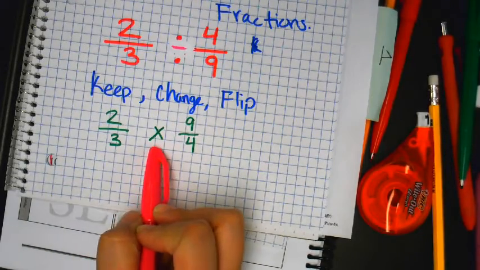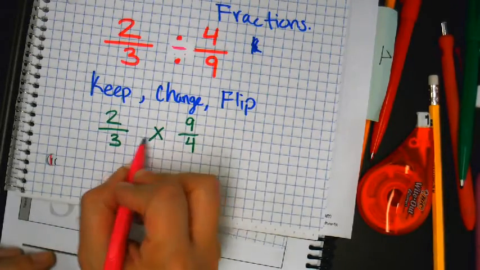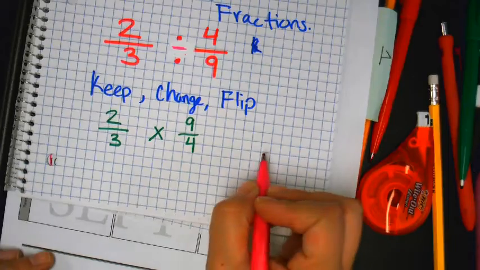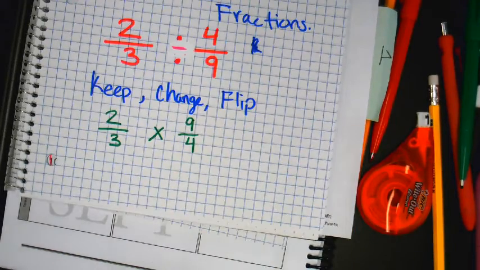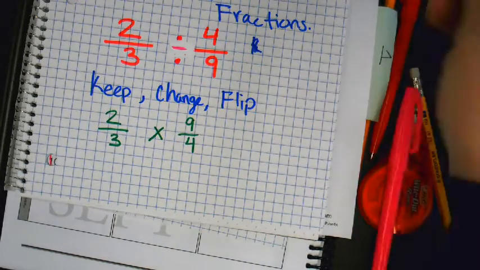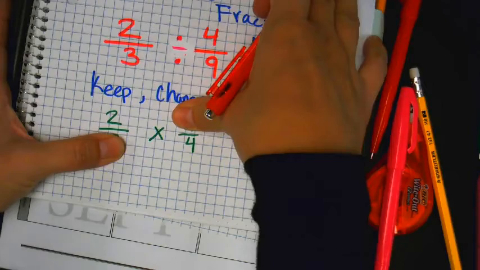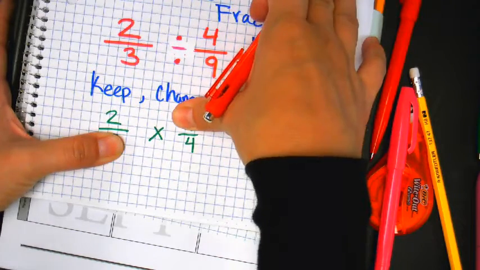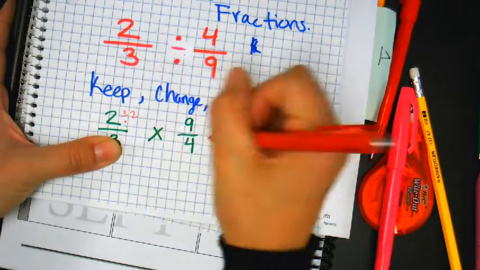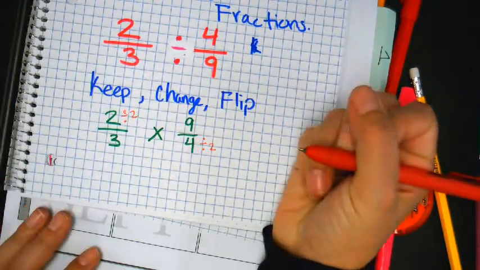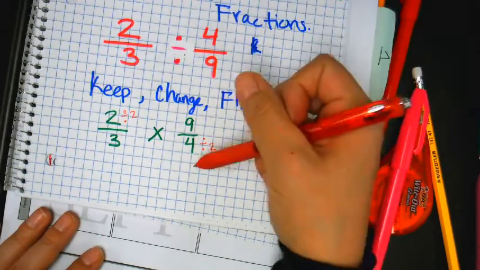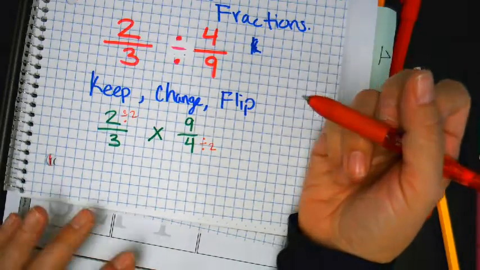Now we multiply. Now you could multiply straight across and then get an answer. But we don't do that. We simplify the corners first. So 2 and 4. You simplify once you're in the multiplication zone. You don't simplify up here. You simplify down here. 2 divided by 2? 1.